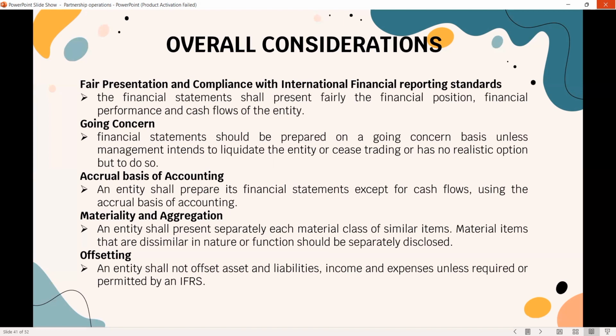For example, current assets or the PPE. It means na pag materiality it's classified in their similar, while those dissimilar separately disclosed naman siya. So assets and liabilities, income and expenses, unless required, hindi mo pwedeng i-offset ang asset and liabilities mo. Next slide.